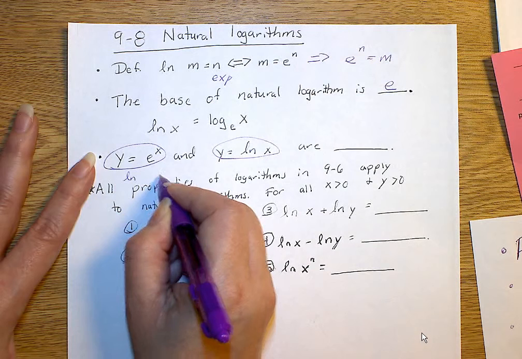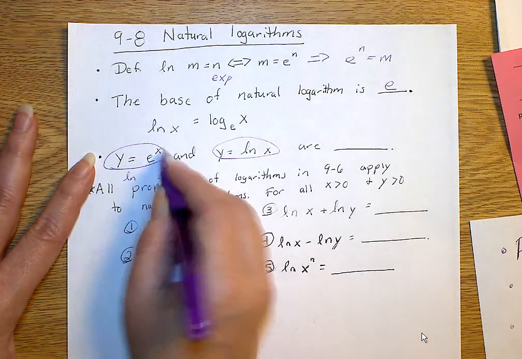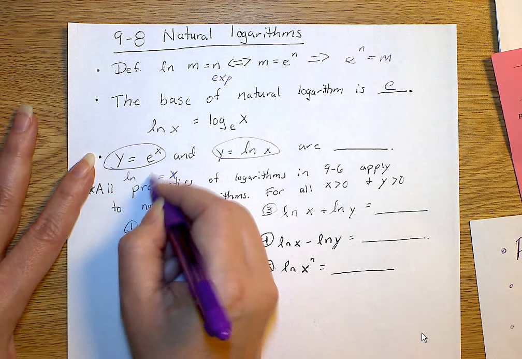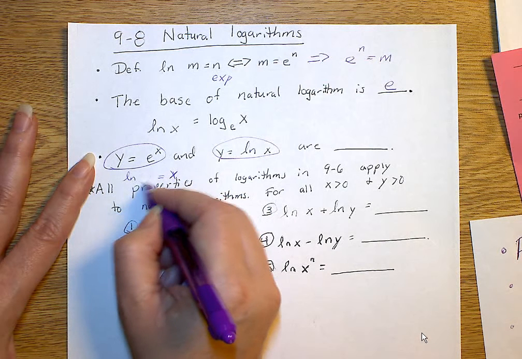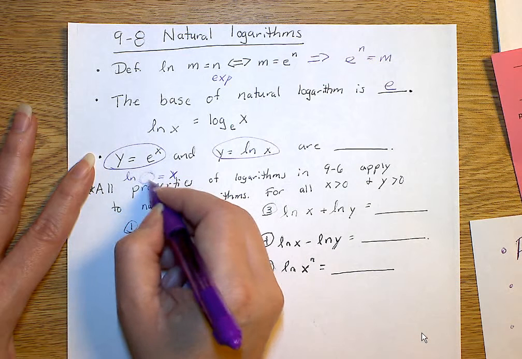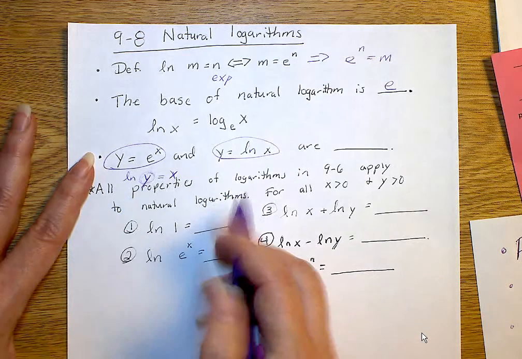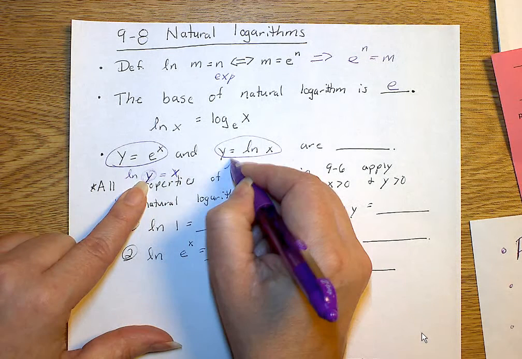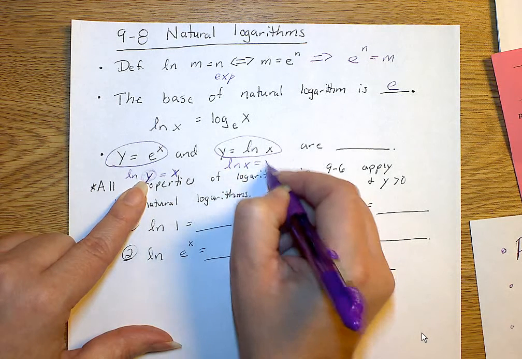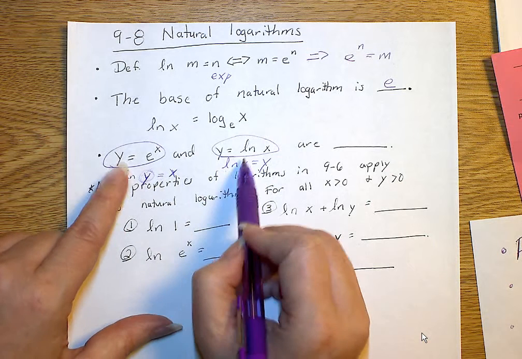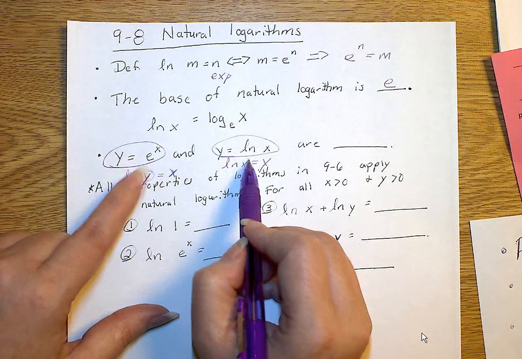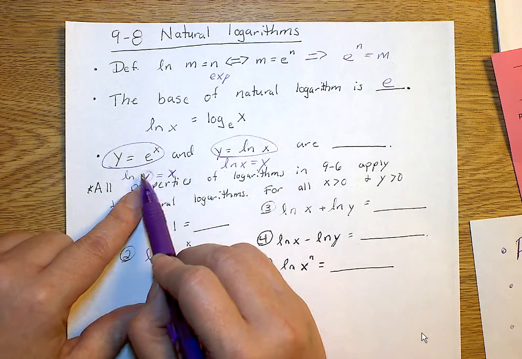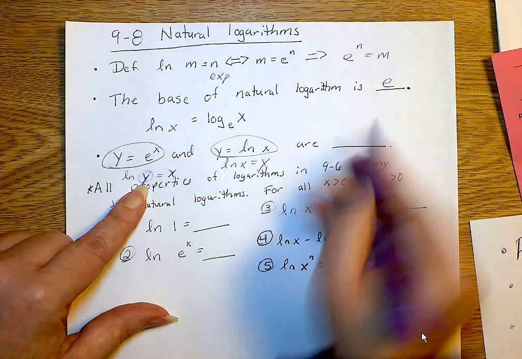So what's my exponent? x. And what goes here? y. So ln y equals x, and this one is ln x equals y. So what are these two things? Inverses. Remember, x and y are switched. They are inverses.